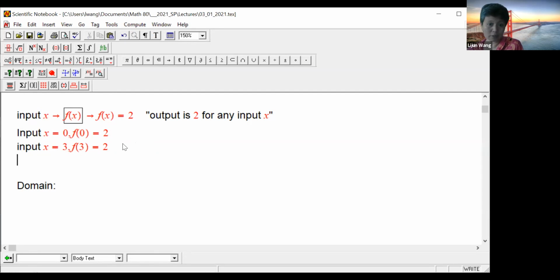For example, if I give you f of 10,000, that's the input. The output is 2, according to this rule. So what can all these possible inputs be?